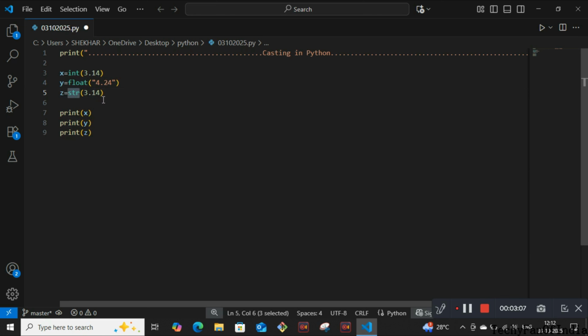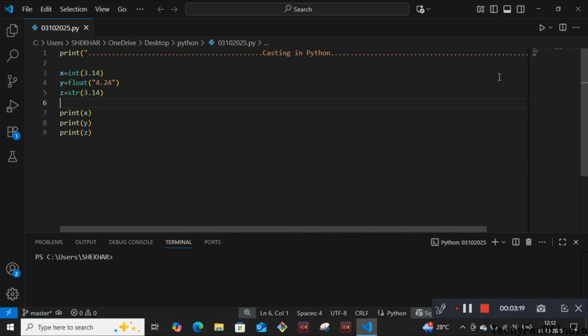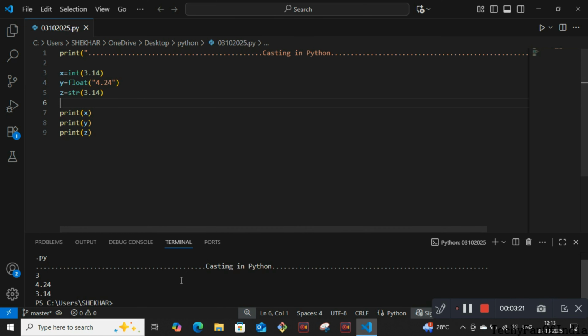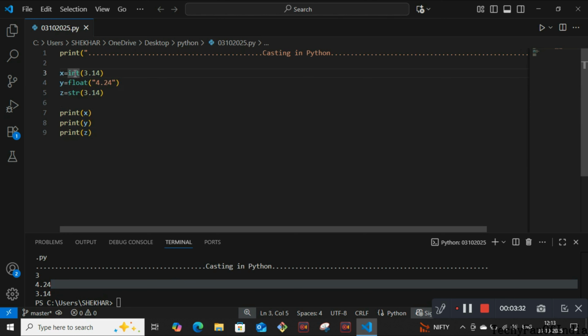Coming to the next, in double inverted commas 4.24 is a string value, but cast into float, so float will only be there. Next is string, where the float value is converted into a string. After running the code, we get the first value 3, second 4.24, third 3.14, as expected. We got the output also.